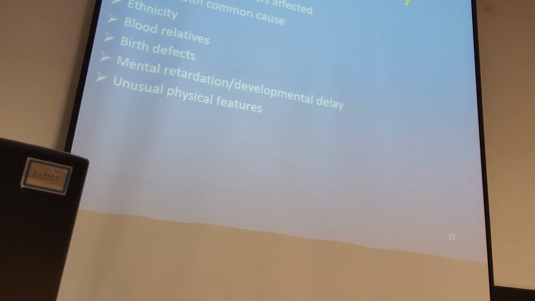If they have multiple affected individuals in the family, if they have disorders like cancer which is more common than usual, if they are from a specific ethnicity, if they are blood relatives, if they have some birth defect, mental retardation, developmental delay, or unusual features, we find out that this family is high risk.